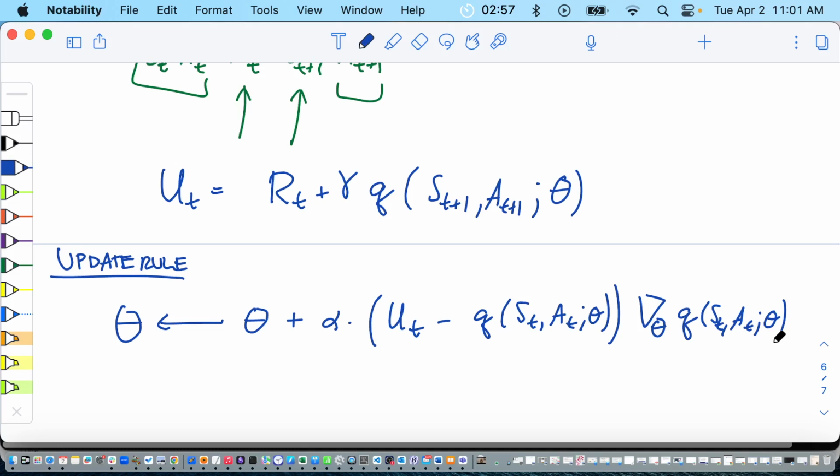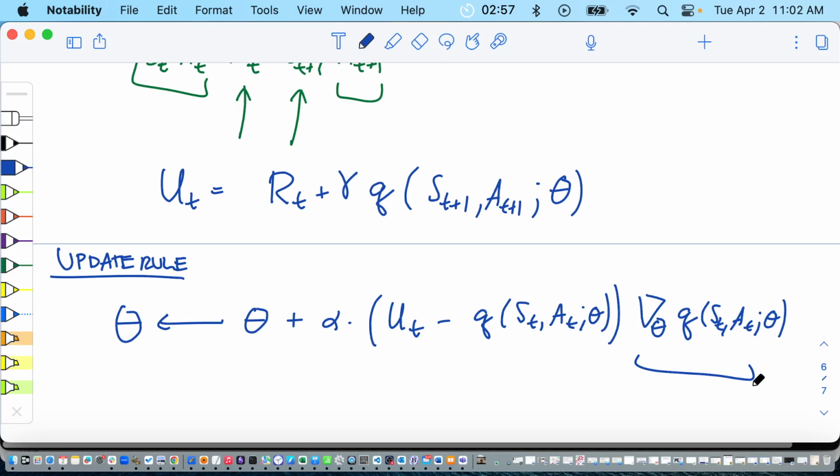If we think it's an overestimate, then we go in the direction proportional to the size of the gradient, we move the weights up or down to try to make this smaller, right? So if it's an overestimate, we move up. If it's an underestimate, we move down. We try to get it just right. And we hope that on average, we get to the right thing. So this is exactly what we did before. But before, we didn't have a gradient. We were just updating the value at every single state. Now we're updating every single parameter in this way. OK, that's the difference.